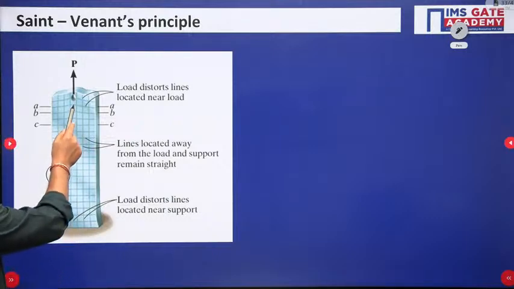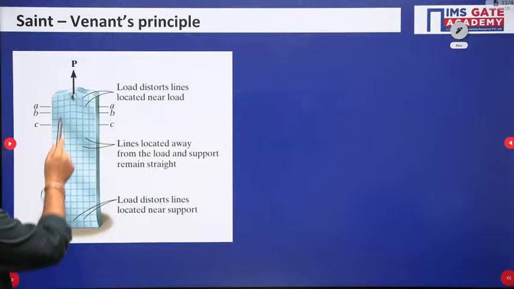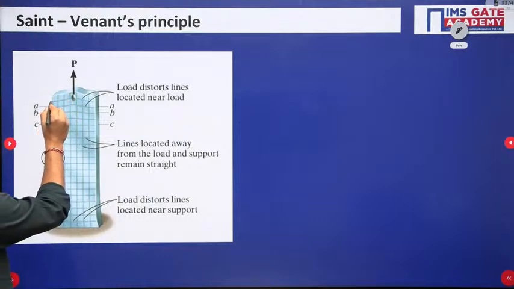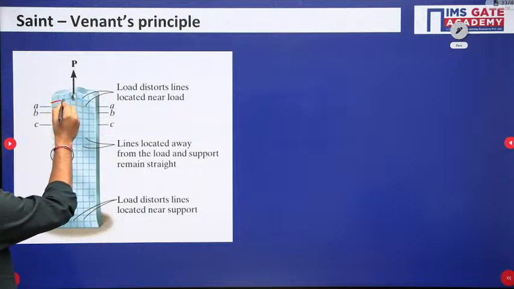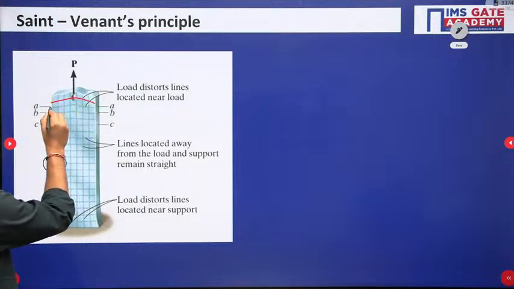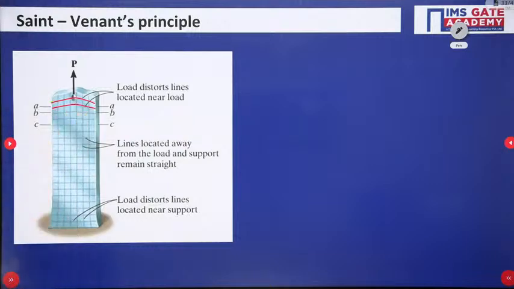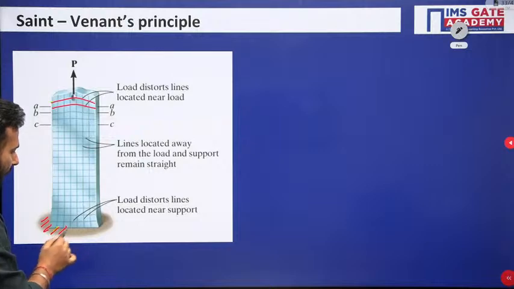Over here, if it is visible to you, when the load is applied, clearly you can see that some localized deformation is taking place. And also, suppose this is the fixed end.